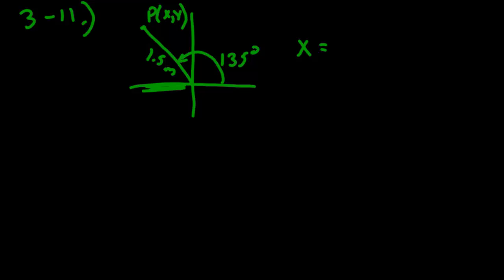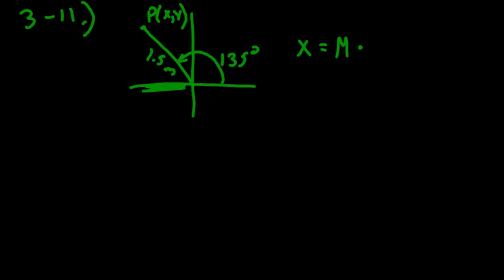And for y, it will be the same. It's like 45, right? The answer will be the same. The only thing that's different is the direction, or the sign of it, essentially. The sign's going to be negative for x. So to find the x component, you would multiply the magnitude, or the length of it.